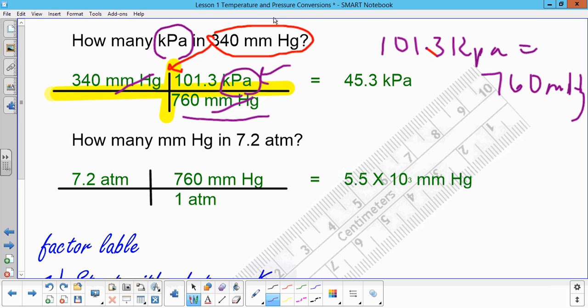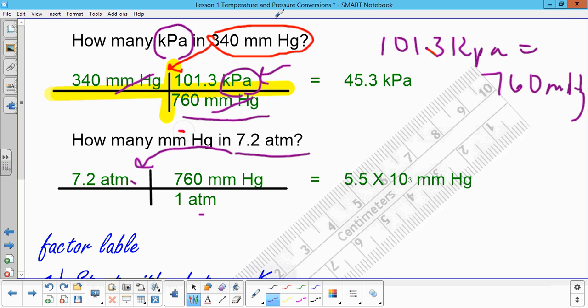Let's try another example here. How many millimeters of mercury are there in 7.2 atmospheres? Again, what do I know? Well, I know 7.2 atmospheres. Start with what you know. Draw the line and cut it off. I'm trying to get rid of the units atmospheres, so I put the units atmospheres at the bottom.